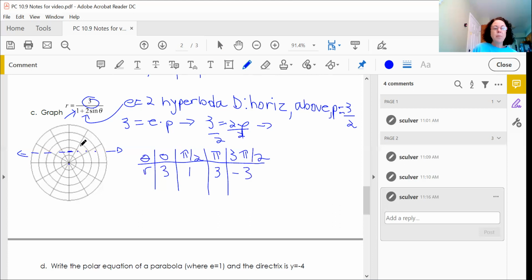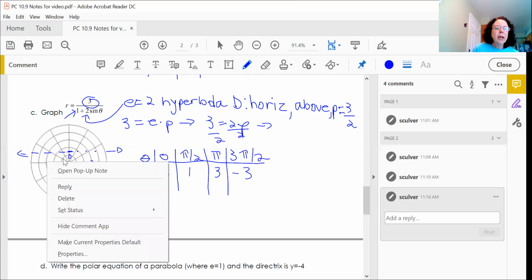Okay, let's graph these polar points, right? So 0 radians and 3, 1, 2, 3 would be right here. Pi over 2 and 1. Let's rotate pi, radius of 3. There we go.